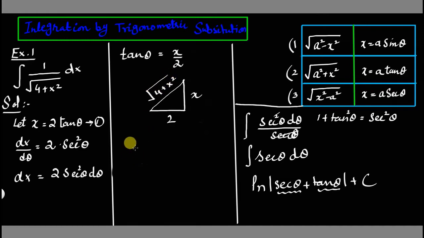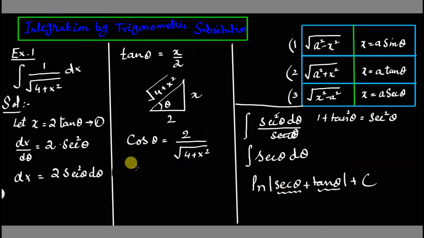In this way you can find the value of cos of the angle theta. This angle is theta, so cos theta will be base over hypotenuse, that will be 2 over square root of 4 plus x square. Why am I interested in cos theta? Because we have secant theta.